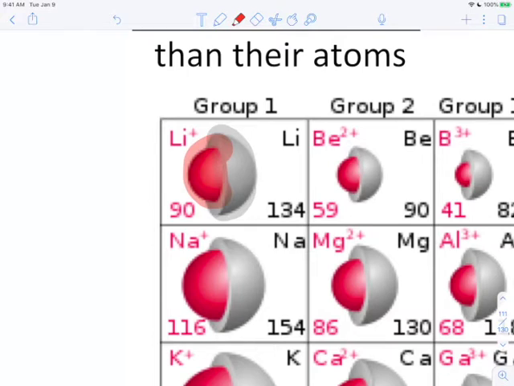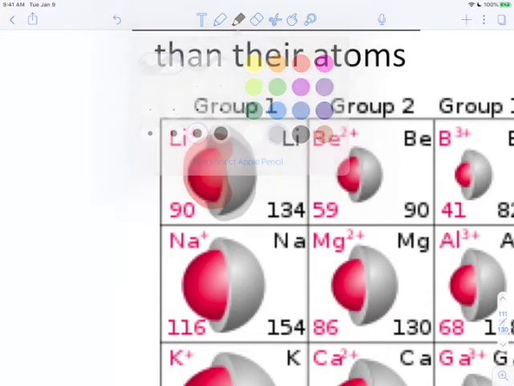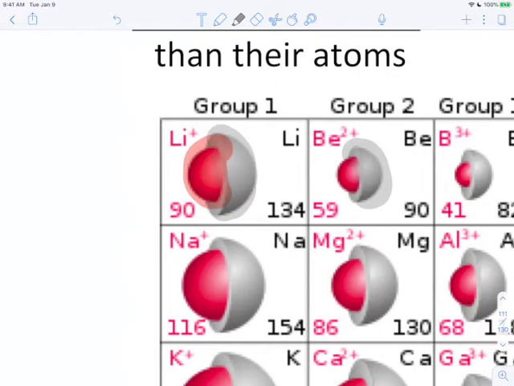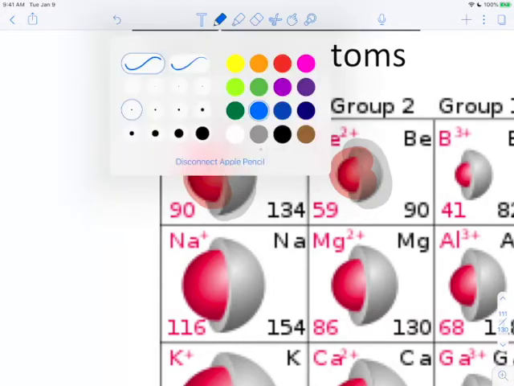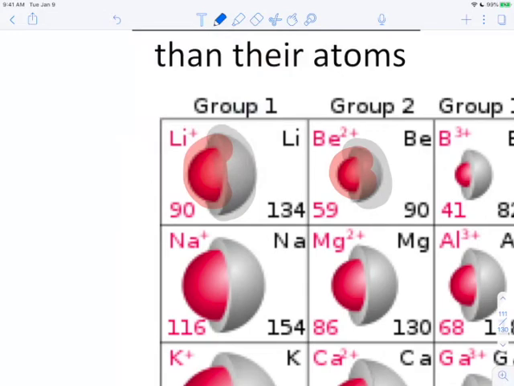So as we add a positive charge, the electrons are going to sit closer to the nucleus. And here again you have beryllium, and the positive charge in red shows that this ion is smaller. So the cations, positive ions, are always smaller than the original element that's shown here in gray. So any questions on anything so far?